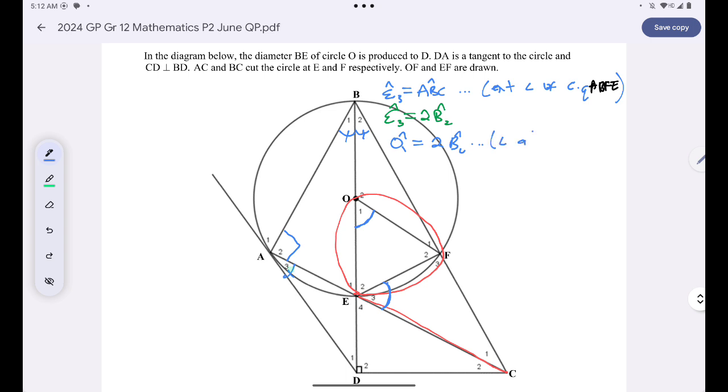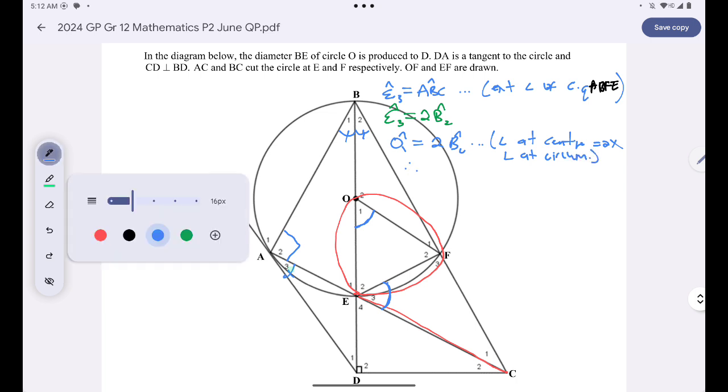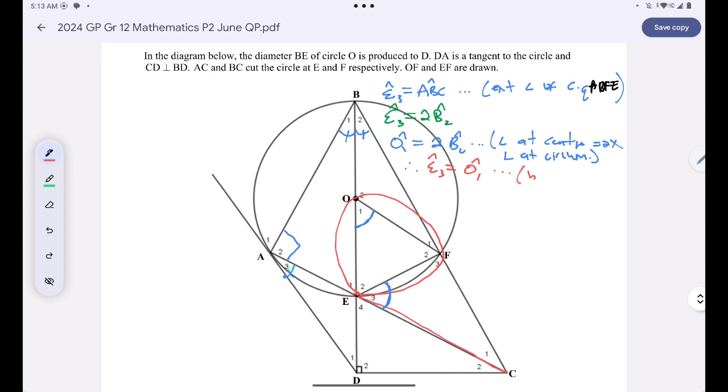This is an angle at center, and that angle is 2 times the angle at circumference. So I can therefore conclude that angle E3 is equal to angle O1, and this is true because both of those angles are equal to 2 times B2. Are you together?